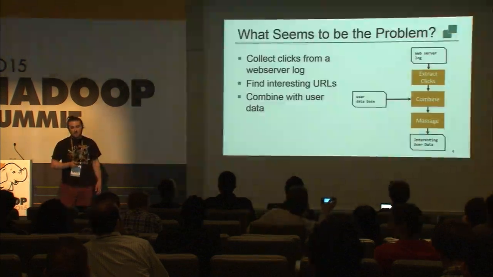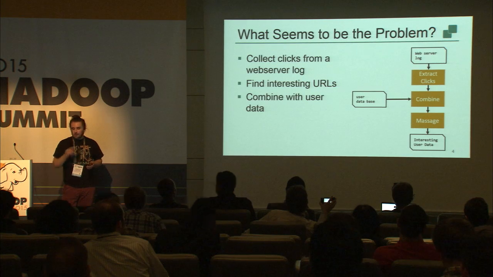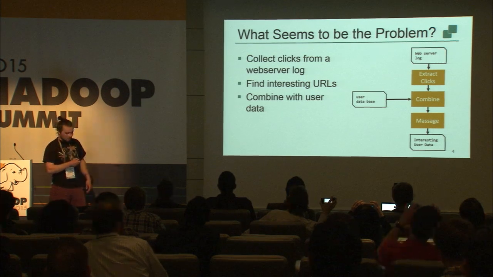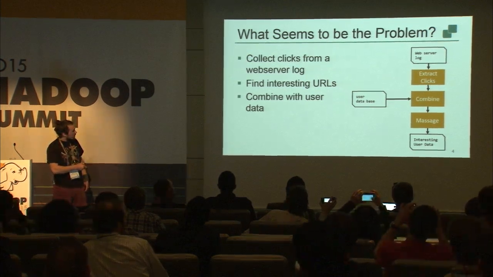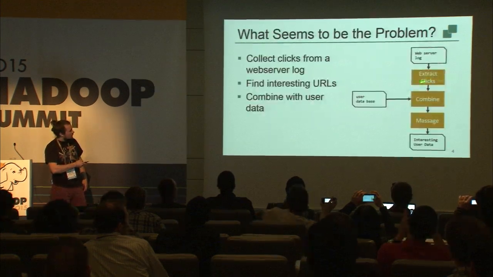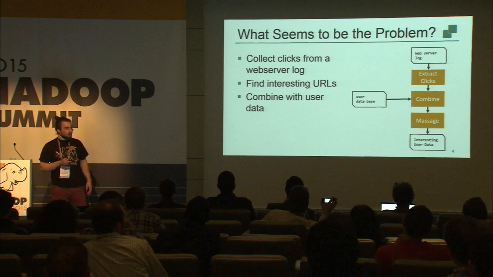So the example use case we're going to look at is, let's assume we have some logs from a web server, like a web shop type website or whatever, where you log all the events. From this, let's assume you want to extract the clicks or some interesting feature you have in this log.